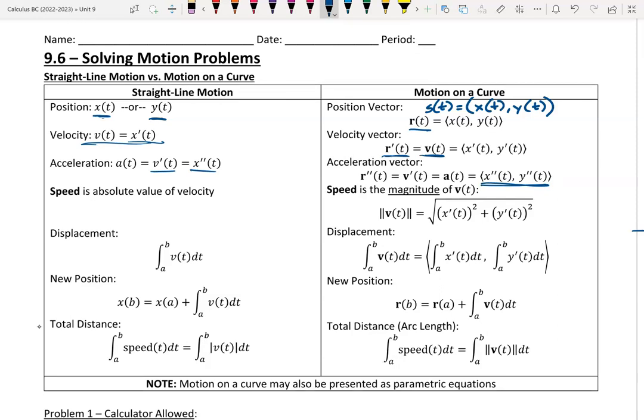Speed, something that we didn't deal with heavily with our straight line motion. But speed is the absolute value of velocity. So then when we get into vectors, it's going to be the magnitude of our vector. And so remember, magnitude is the length or the distance of the vector.